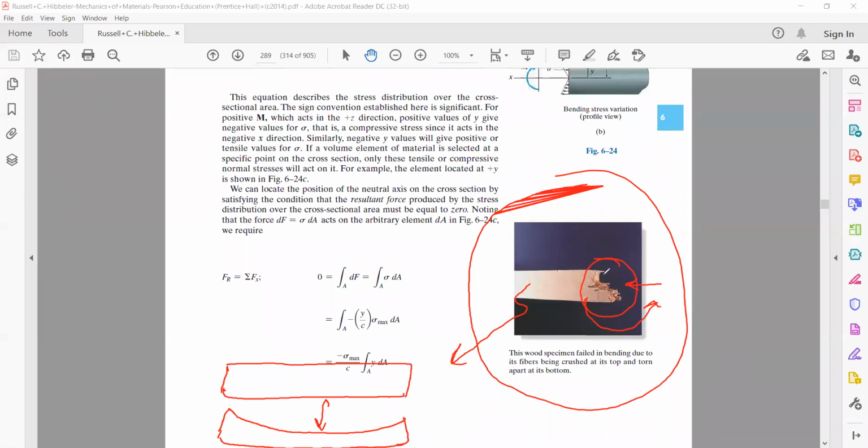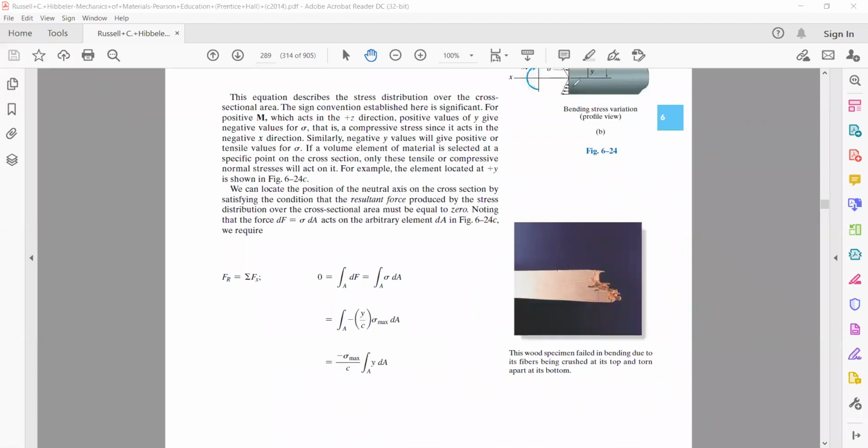Okay, so if you look at this section, what has happened at these very sections is like the things have been pulled apart. When we say they have been pulled, it is an indication that it was subjected to forces in this direction. If you take any small section out here, you can simply say a normal stress was created on each section of this very piece of wood.